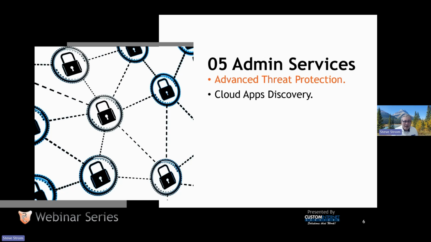Guys, I can't emphasize that enough. This is really hugely important, what you're seeing right here. And so the Cloud Apps Discovery lets us find out what's being done, and then lets us put a limit on what cloud SaaS applications can be used and whether or not our employees or our users can use that. That is a really, really big deal.